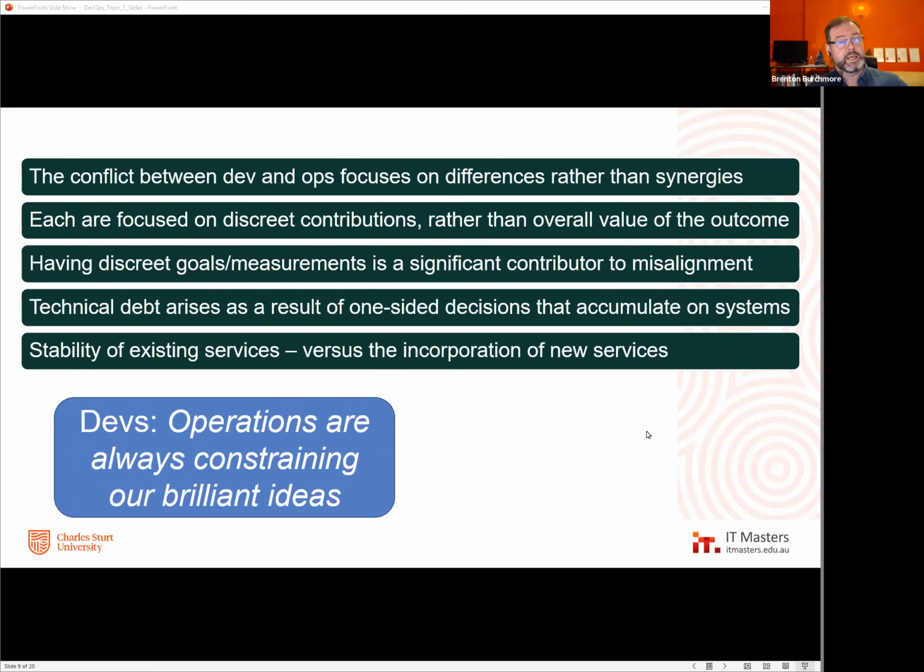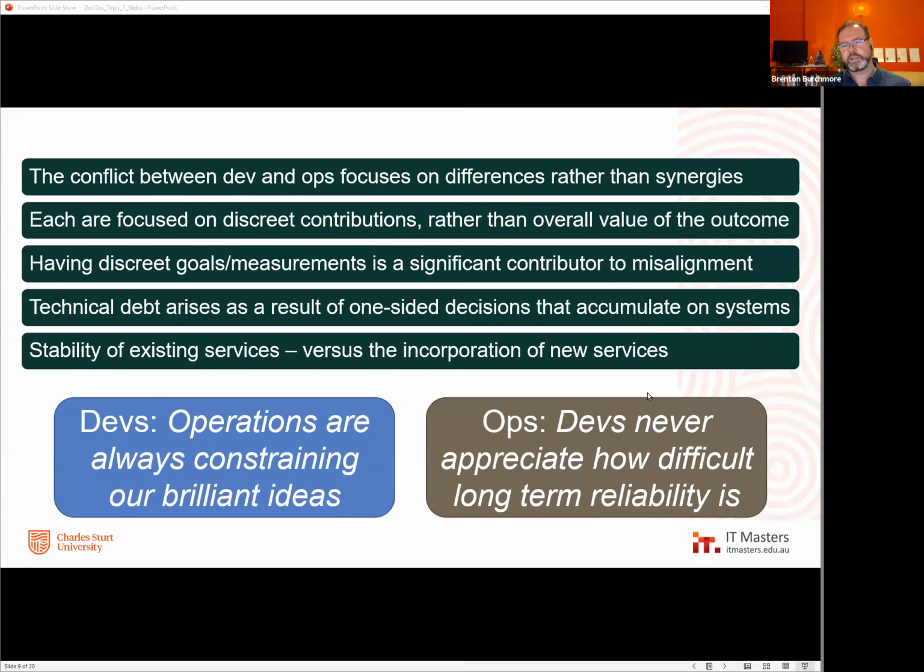The customers want this, the ops is in our way. And then we have ops teams saying things like, yeah, but the devs never really understand what it takes for ongoing reliability. They introduce problems, they introduce risks, it's not tested properly. It's always headaches for us. And so this conflict continues.